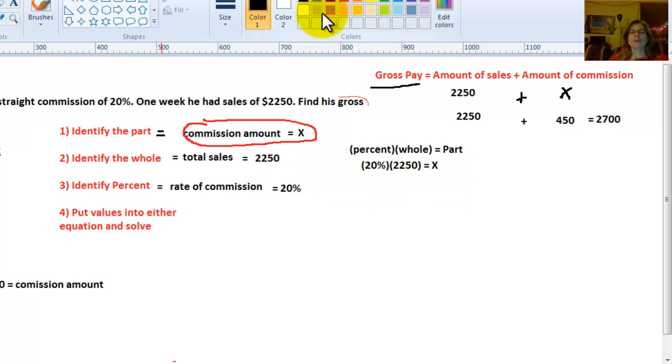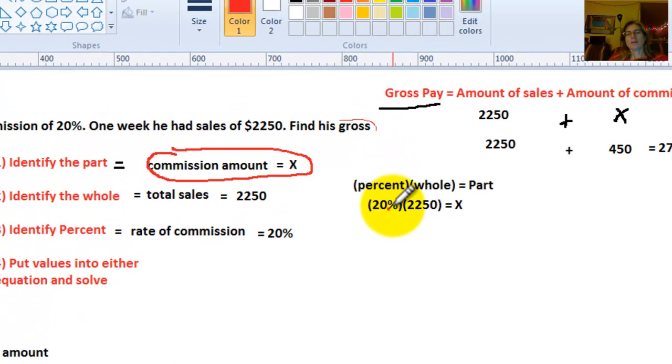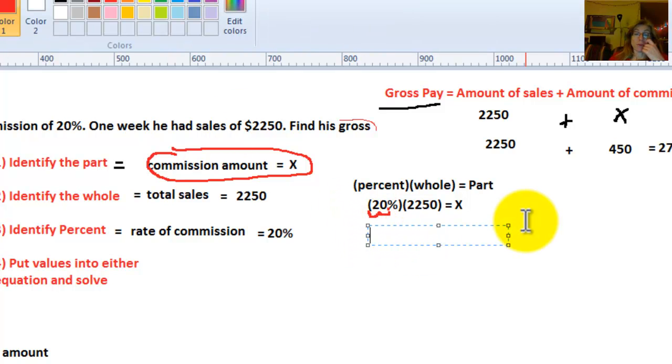What we do to change that 20% to a decimal is, anytime you take a percent sign off, you're dividing by 100, which means you're moving the decimal 2 places to the left. And that makes that 20% become 0.20 as a decimal. And this decimal now is multiplied by the 2250.